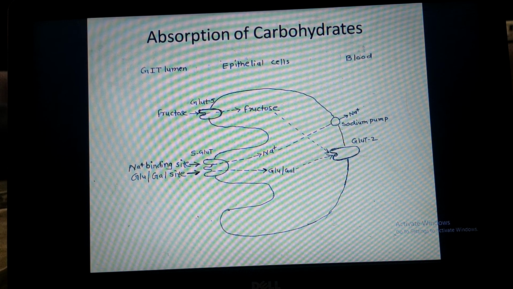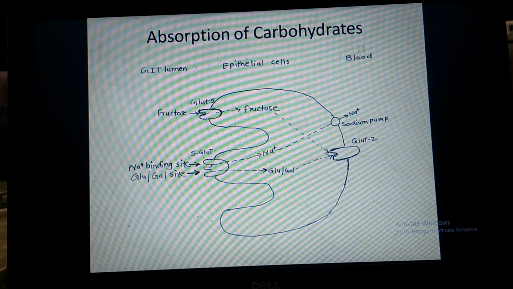So with the help of these two types of transporter, glucose, galactose and fructose have entered into the epithelial cell. Now the next step is the transport of these monosaccharides from the epithelial cell to the capillaries, which are present on the other side of the epithelial cell. These 3 monosaccharides are transferred to the blood compartment by only one type of transporter, which is called glucose transporter 2 or GLUT2.